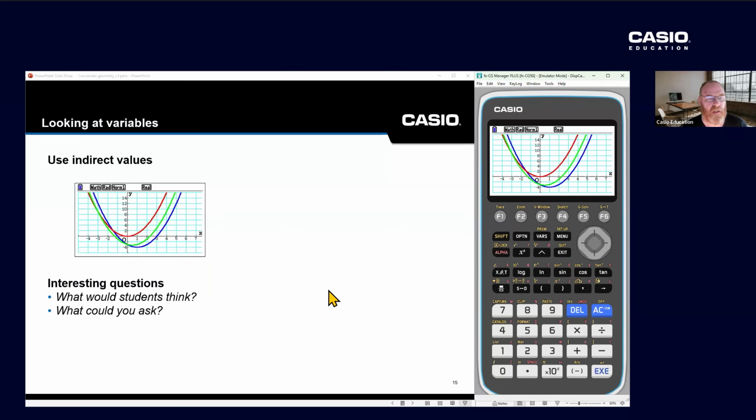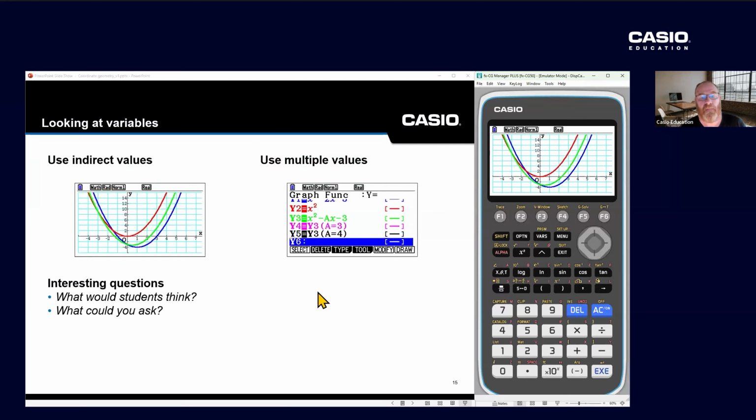Potentially, you might ask questions such as, what do you think is happening to the curve? This might be better supported if you draw more than one curve. You can easily do this, for example, by drawing the function with the variable in it, but then specifying what value of the variable you want to use.